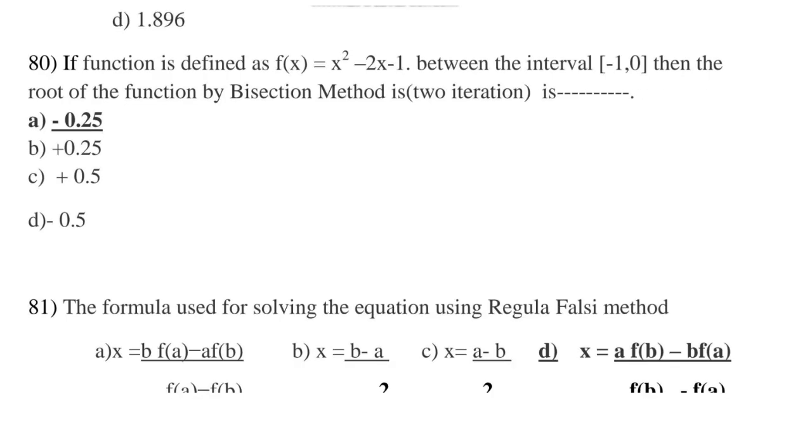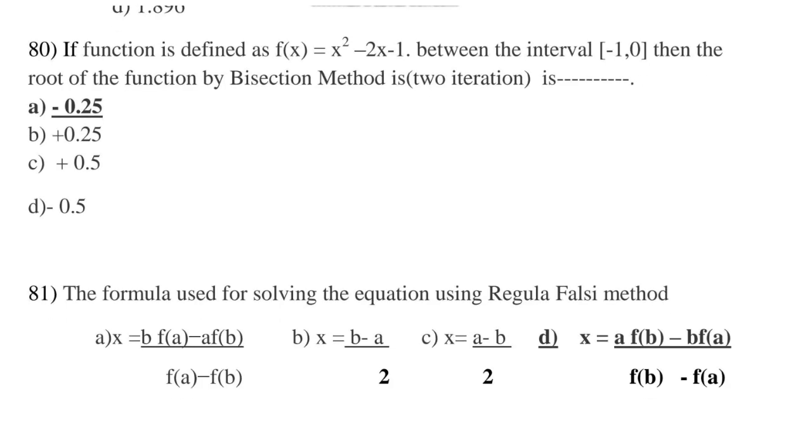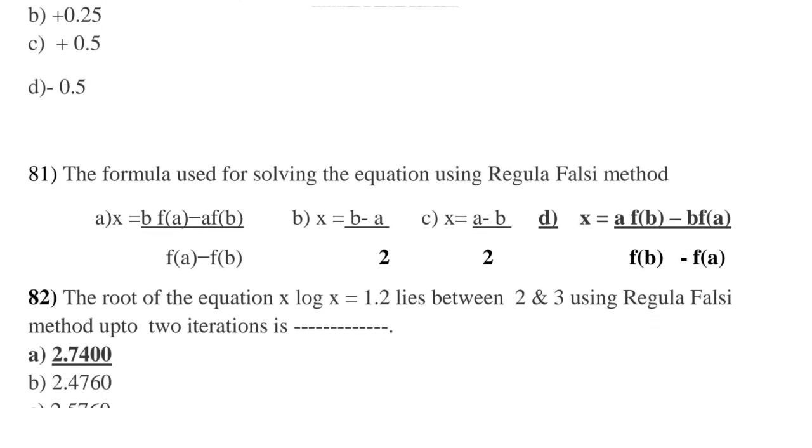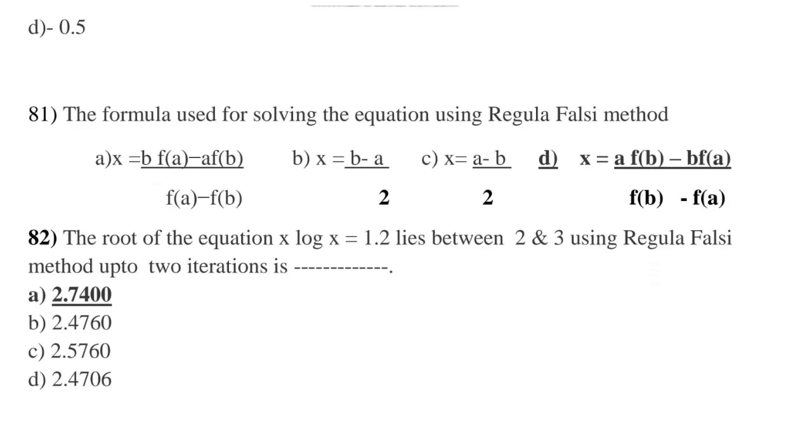If the function is defined as fx is equal to x square minus 2x minus 1 between the interval minus 1 and 0, then the root of function by bisection method is minus 0.25.